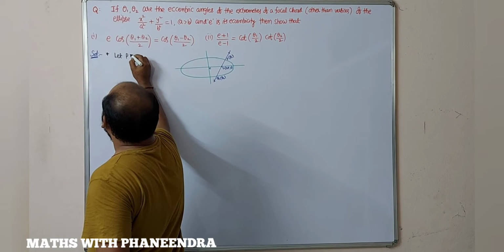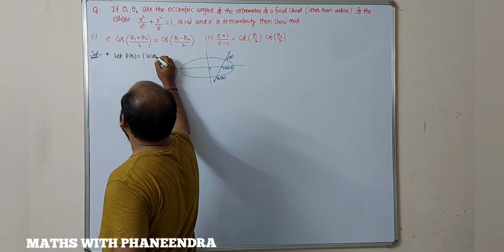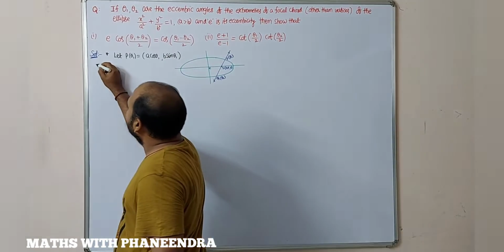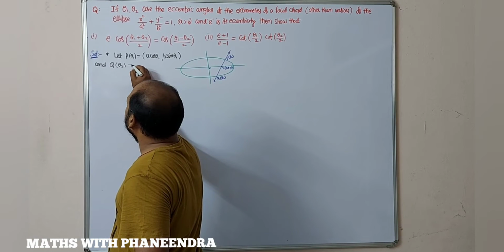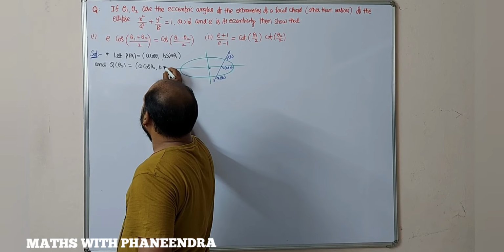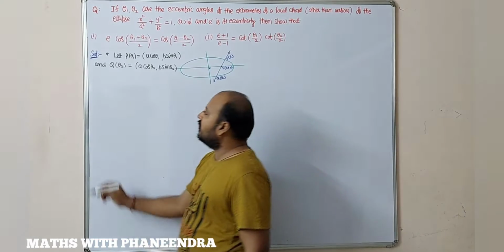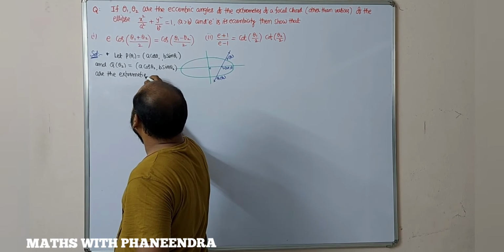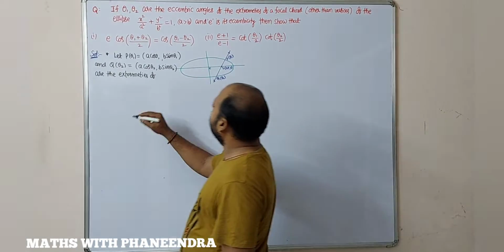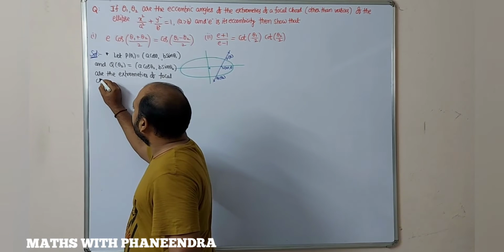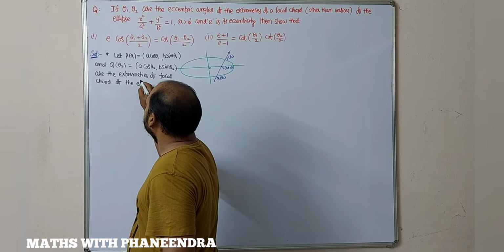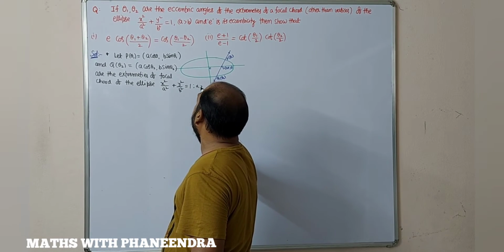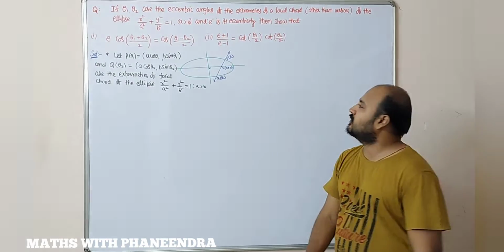Let P of theta 1 is equal to A cos theta 1, B sin theta 1 and Q of theta 2, A cos theta 2, B sin theta 2 are the extremities of focal chord of the ellipse x square by a square plus y square by b square is equal to 1, when a is greater than b. This is the information regarding this figure.